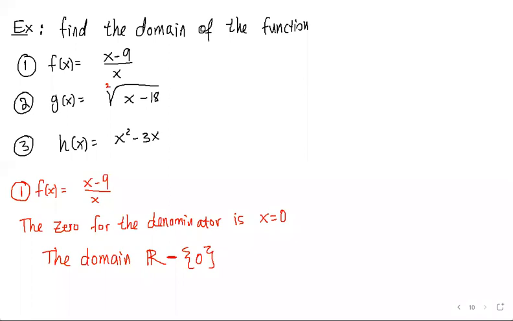And I said before, if it's the square root or any root of an even number like 2, 4, 6, 8, whatever even numbers, the inside must be positive. So like he said, we're looking for which numbers make this x minus 18 positive or 0.